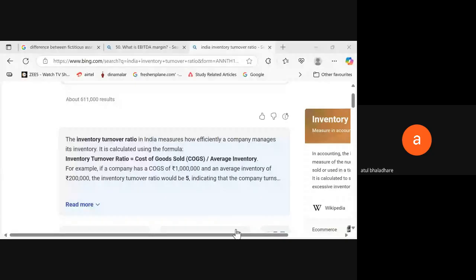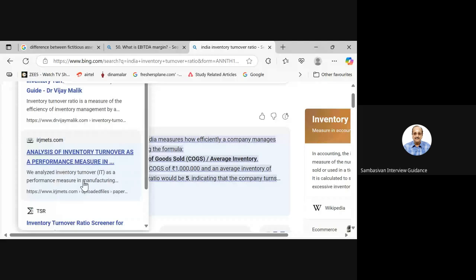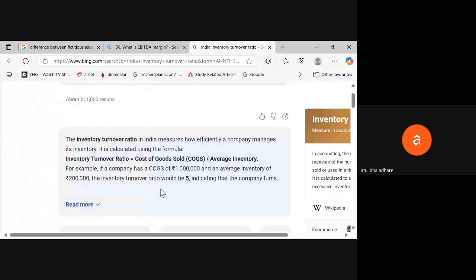So there is a major difference between the cost of sale, cost of goods sold and the sales. Suppose we purchase the raw material, and in that we make the finished product, right? So we have to pay for the raw material that comes under the cost of goods sold. That is correct. Here also it is coming correctly.